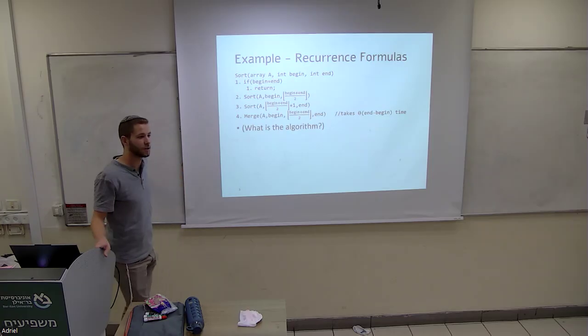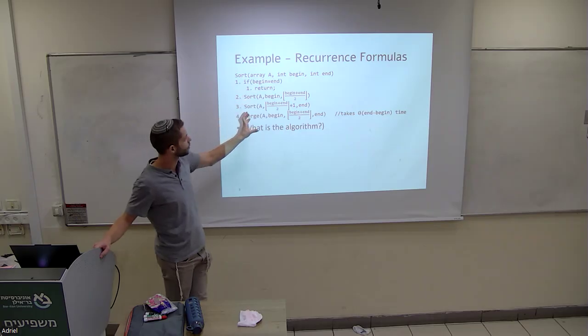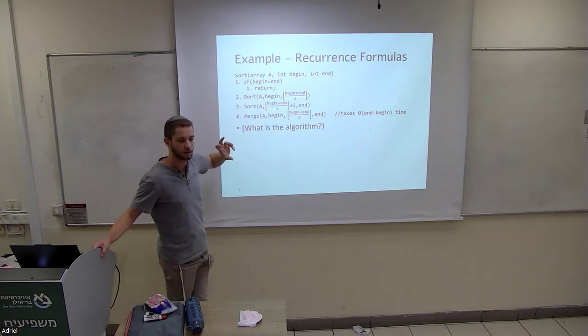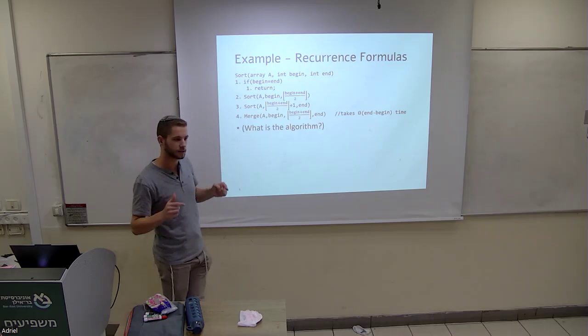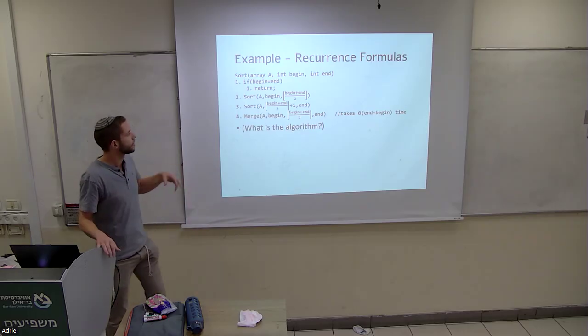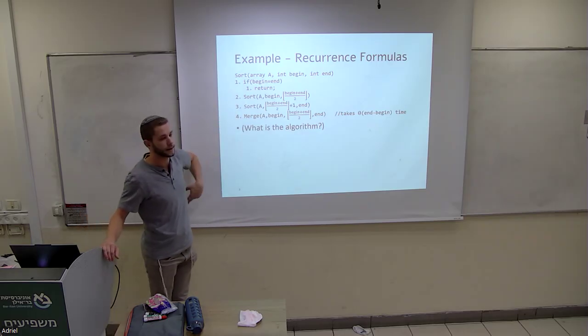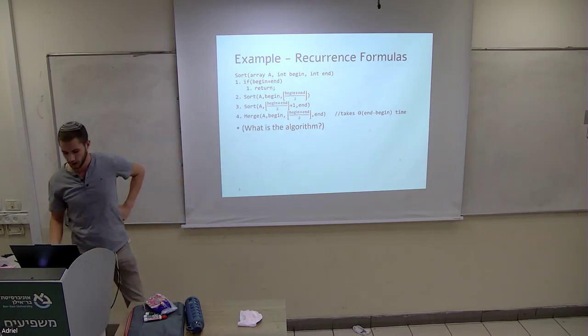It's called merge sort. Each time it divides the whole array into two and calls itself on each half, until we get to only one element. Then it merges them back.